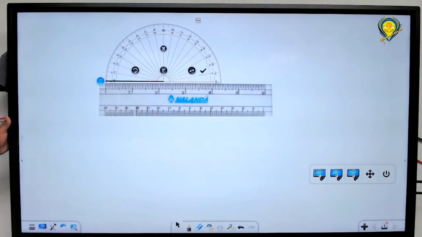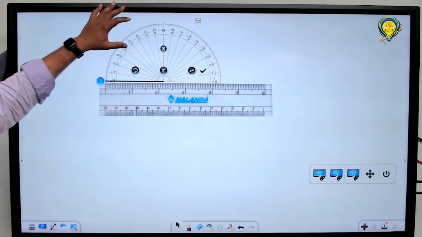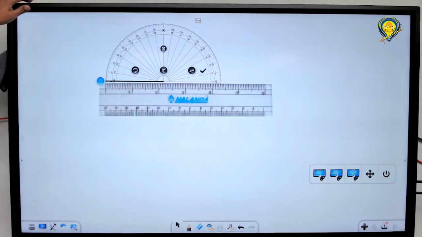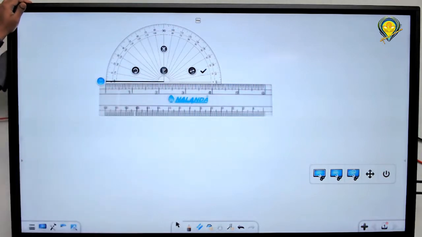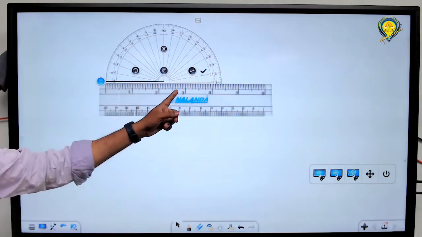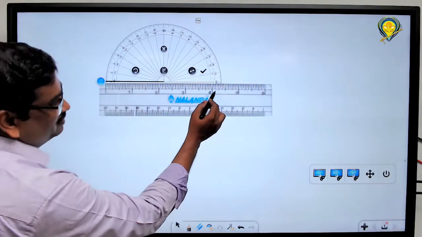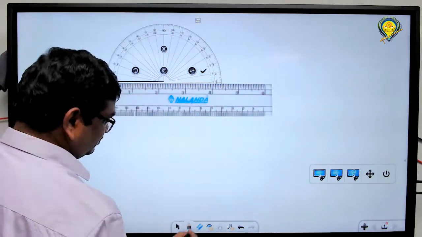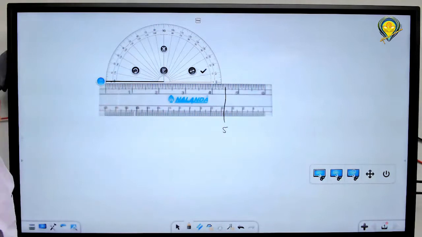Now check it once. What is the length of this? So the length of this object is nothing but how much? It starts from 0, 1, 2, 3, 4. After that 4 point, this is 5, 4.5. This one is 4.5, fifth line.